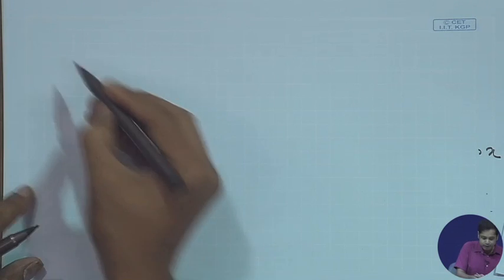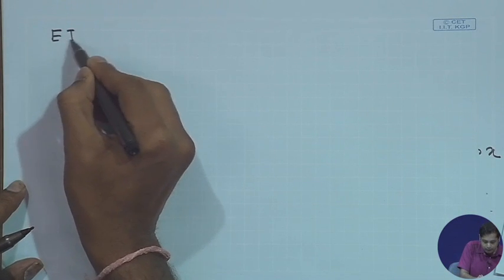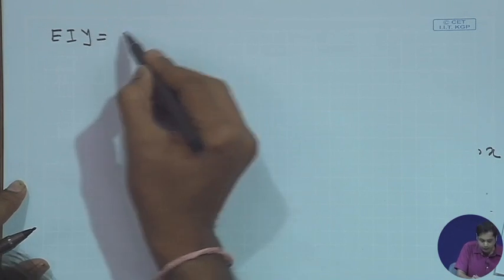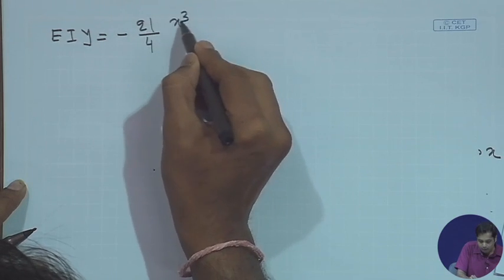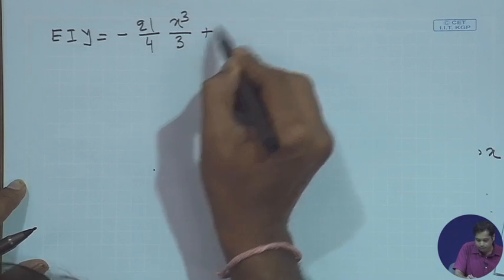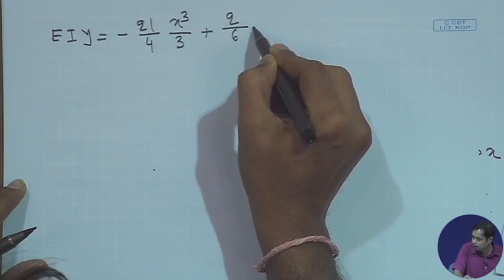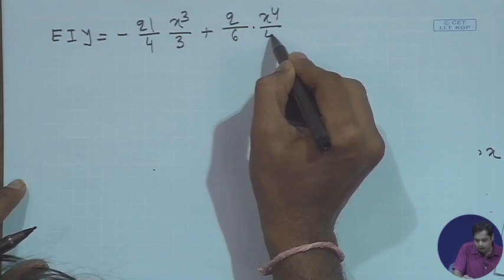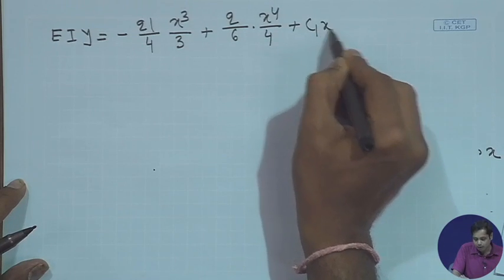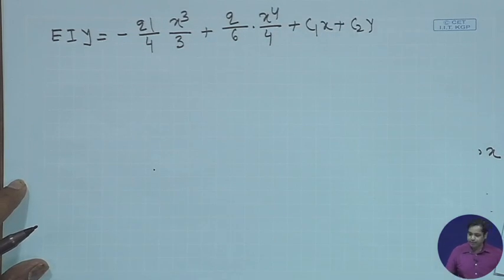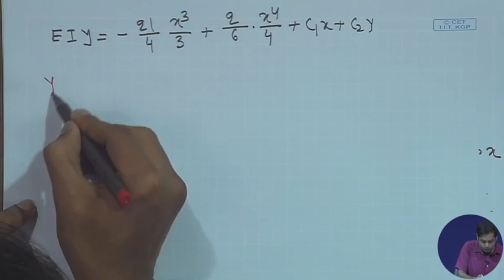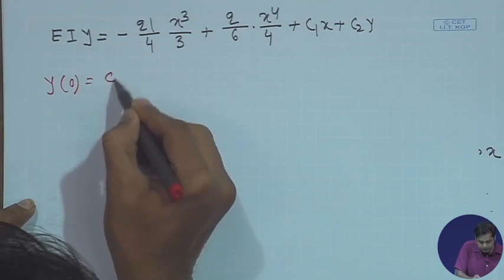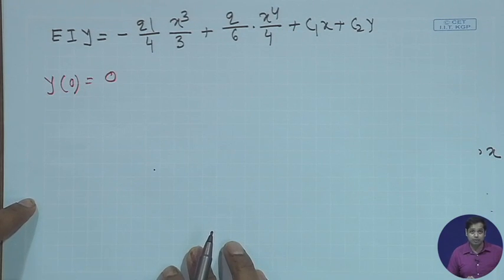Okay. Now, the equation was EI y. Now, the first boundary condition is y equal to 0, that is, y at x equal to 0 is equal to 0.